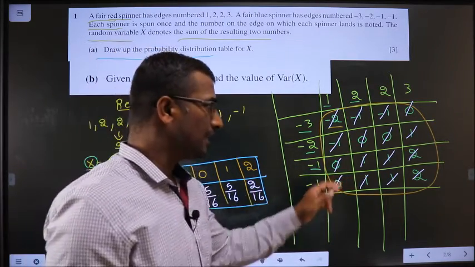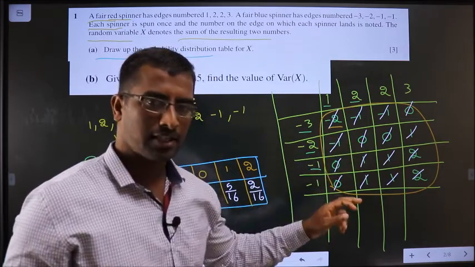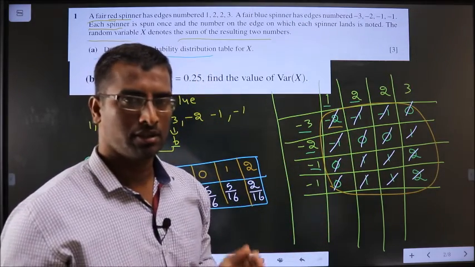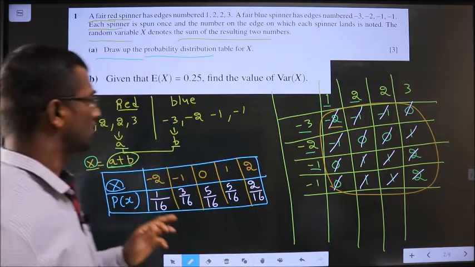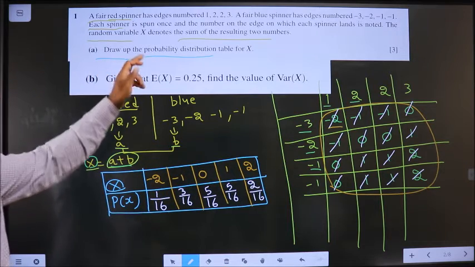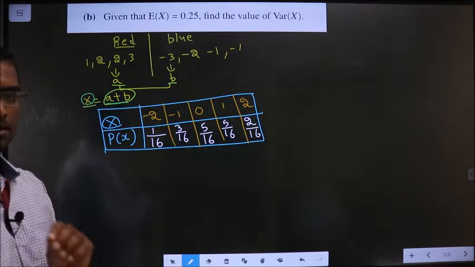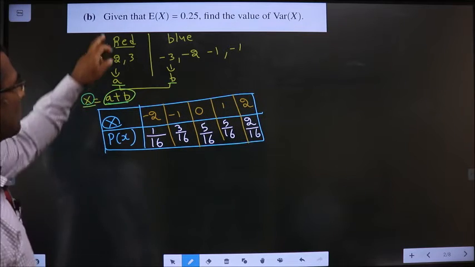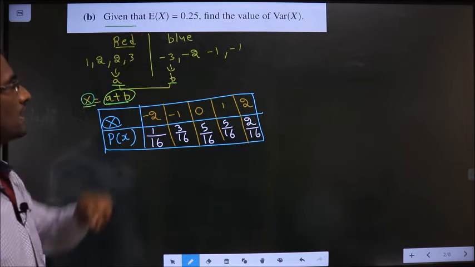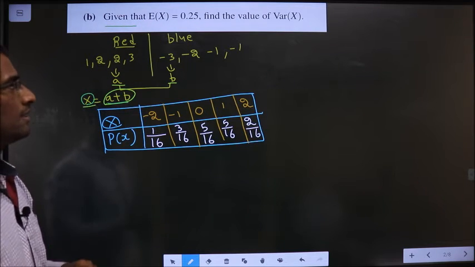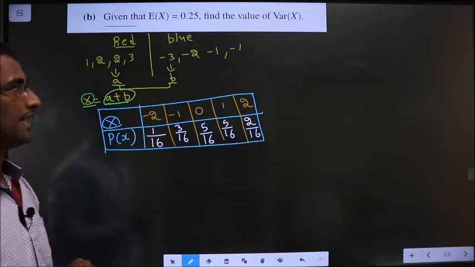So while checking, cut the numbers such that you don't miss out. Clear? Now, this is the probability distribution table of X and part A is completed. Now B1. Given that E of X equals 0.25, find the value of variance of X.